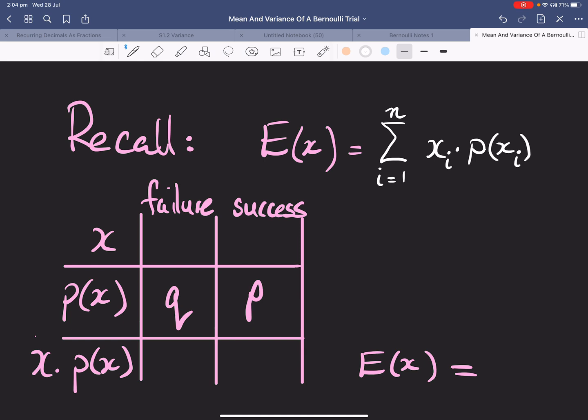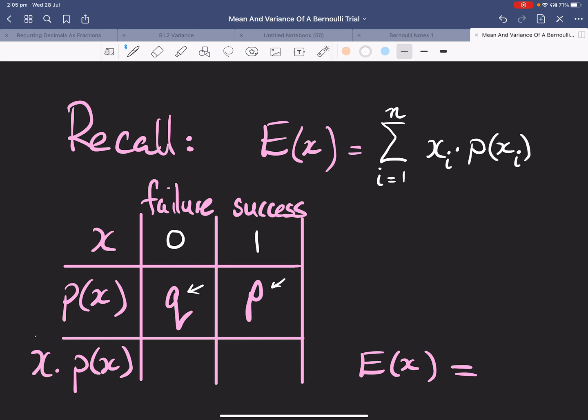Now, in order to do those calculations, we've used a table like this previously. So we've got the probabilities of failure and success written in here already, but we don't have any value currently assigned to each of the scores. So let's denote a failure with a value of 0, and let's denote a success with a value of 1. Now we can look at coming up with some way of determining the expected value.